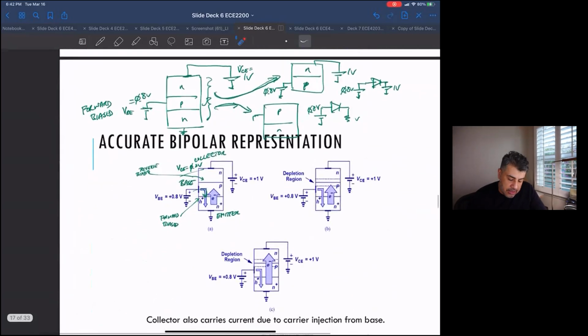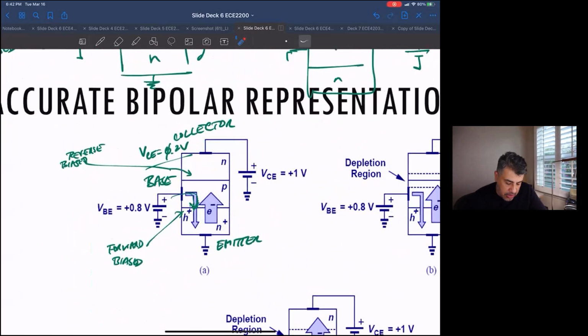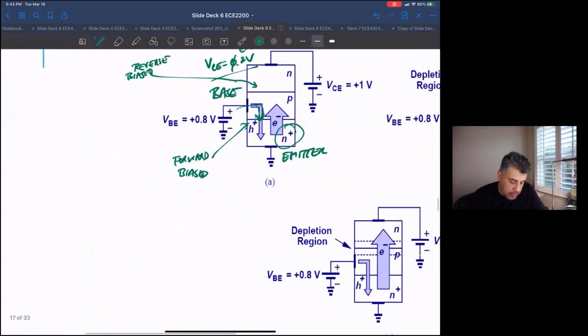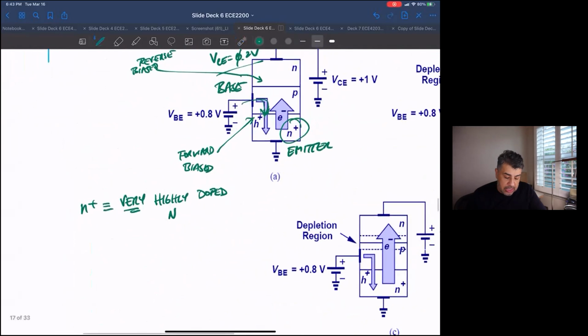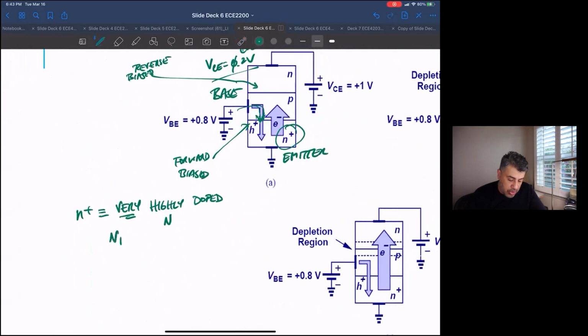This is N plus. And what does N plus mean? N plus means that it's very highly doped N. It just means you've really doped the hell out of it. So the donor concentration in this area is very, very high compared to the acceptor.